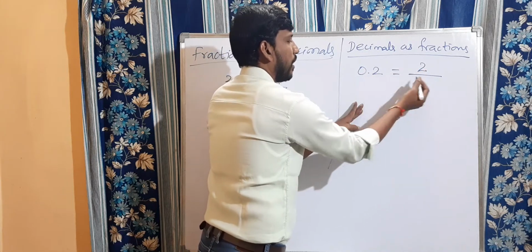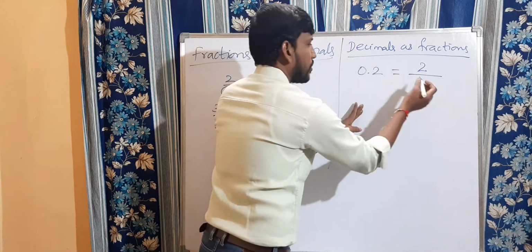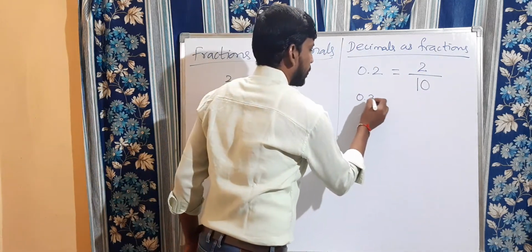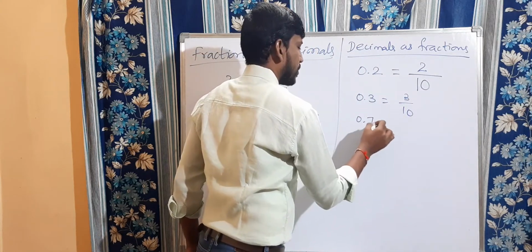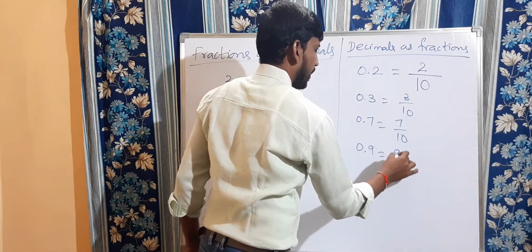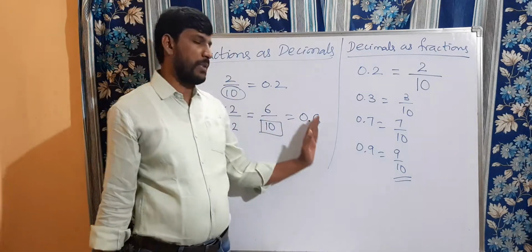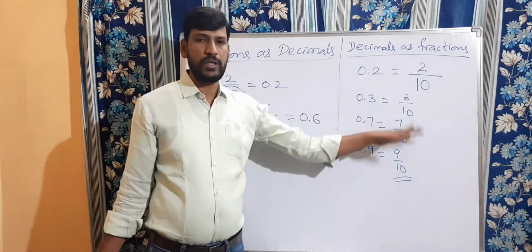Then put 1 in the denominator, and after the 1 put as many zeros as there are values after the decimal. Only 1 value is there, so you get 10. The same way 0.3 is 3 by 10, 0.7 is 7 by 10, and 0.9 is 9 by 10. Like this: fraction to decimal, decimal to fraction.